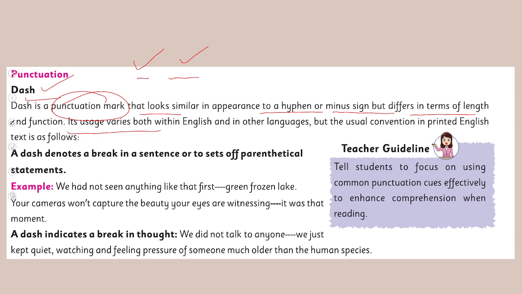Its usage varies both in English and in other languages, but the usual convention in printed English text is as follows. So what does a dash do? A dash basically denotes a break in a sentence or sets off parenthetical statements, statements that we usually put in parentheses for additional information.